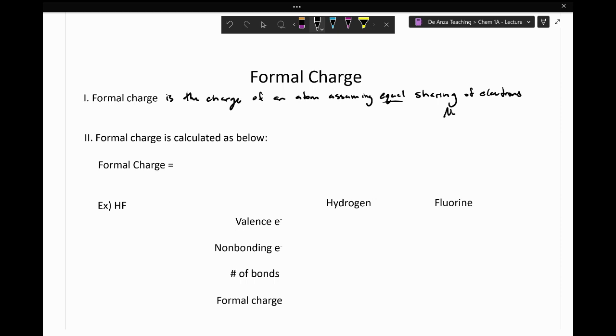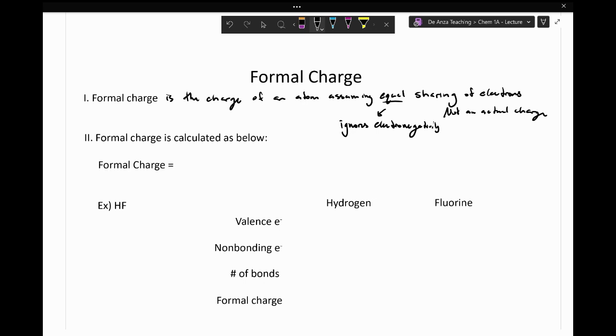So not an actual charge. And so formal charge, because we have equal sharing of electrons, ignores electronegativity. So this is kind of different than when we looked at oxidation states that took into account electronegativity.